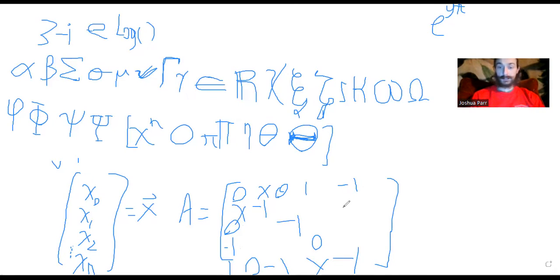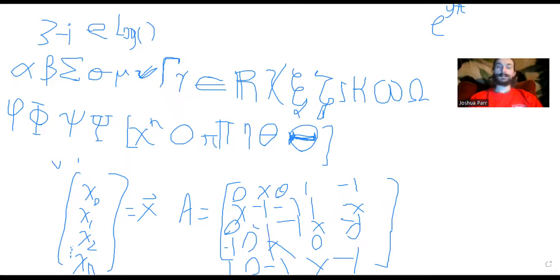Anyway, you get the gist. x -1, 0, x 1, -1, 0, x -1. So this is a matrix, a series of columns and rows of different values of different things.